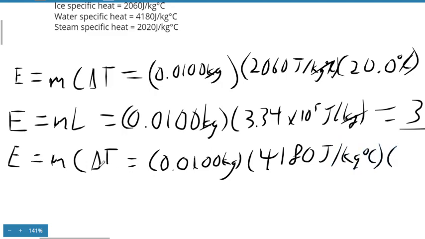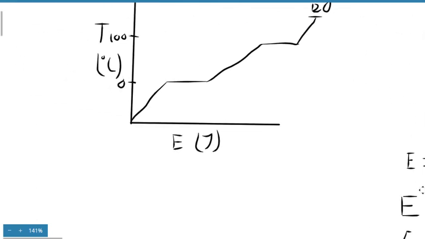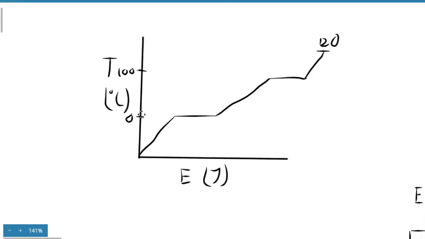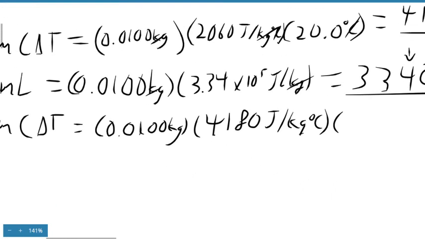Then multiply that by delta T. So we see it's going from 0 degrees to 100 degrees. So the delta T, it's going up 100 degrees. So it's 100 degrees. And I think it's 100.0 degrees Celsius.